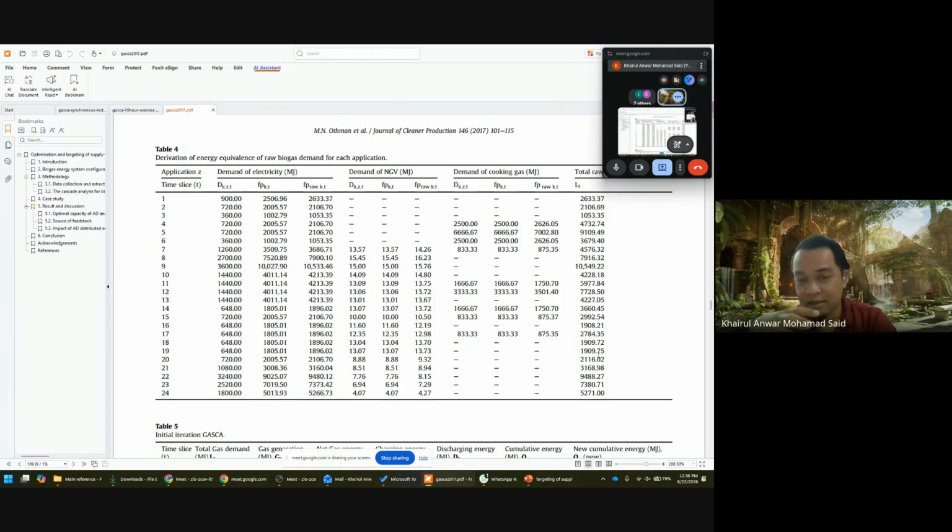This method is dynamic, not steady state. You see there is no usage of cooking gas after hour 6, because this is for households.